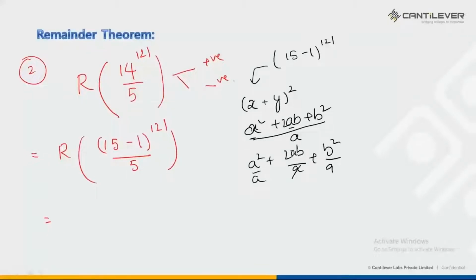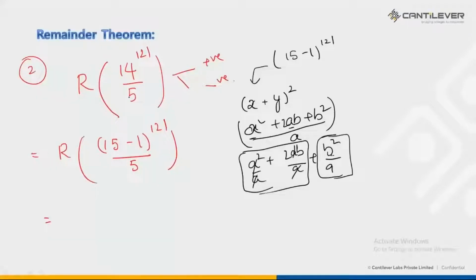So the remainder here will be 0. These two values will give me remainder 0 because the denominator cancels the numerator exactly. But whatever remainder I am generating for this entire expression is generated because of the third part, because a is absent here. Similar concept.